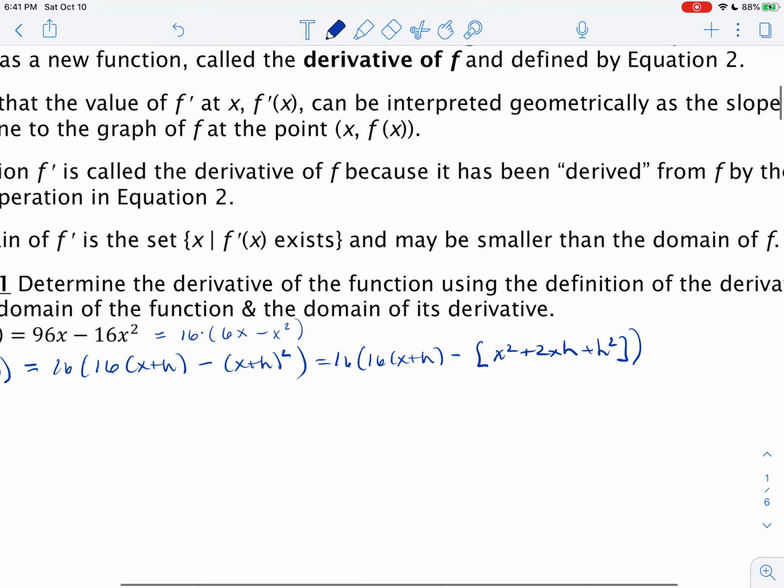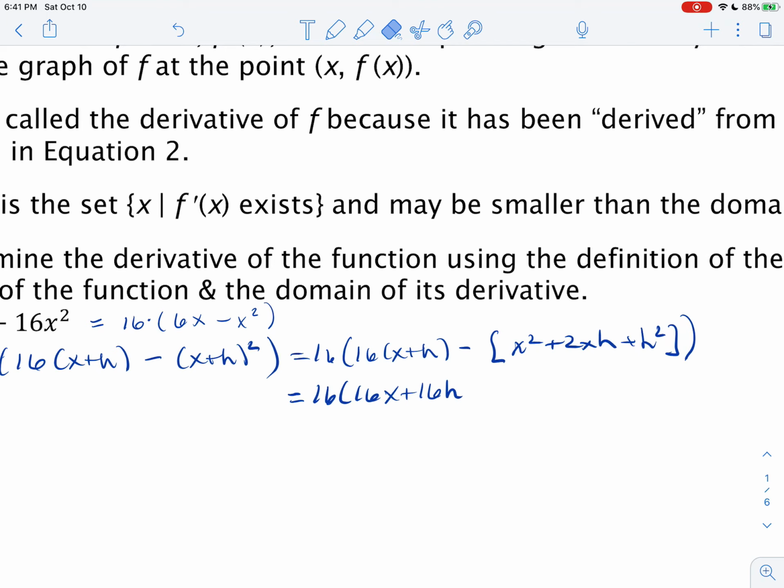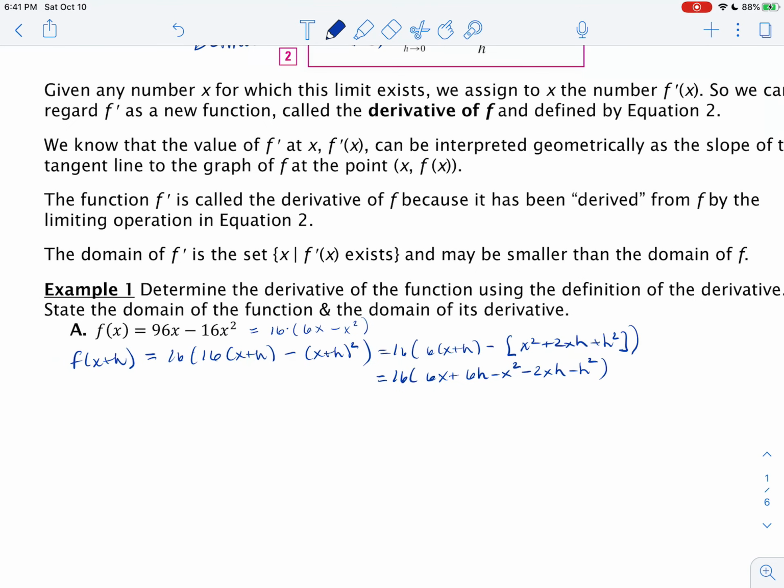And if I simplify that even further, I end up with 16 times 6x plus 6h, and this is not a 16, this is a 6, sorry, and that's a 6, and this is going to be minus x squared minus 2xh, and then minus h squared, and that's all multiplied by 16, and that is my f of x plus h.